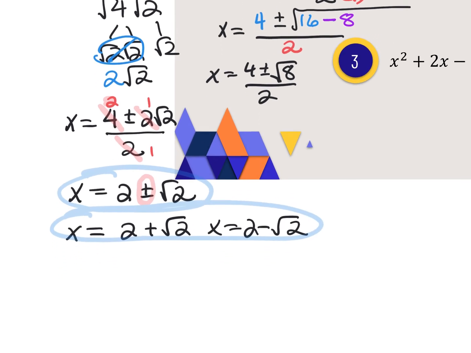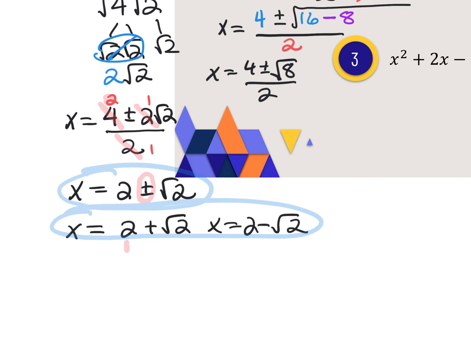Tonight for the homework, you're going to actually take out your calculator and do 2 plus the square root of 2. Once you do that, you're going to get x equals 3.4. You're rounding to the tenths place. And then you're also going to do 2 minus the square root of 2, which rounded to the tenths place will be 0.6.